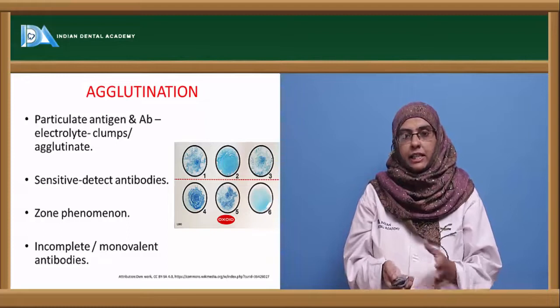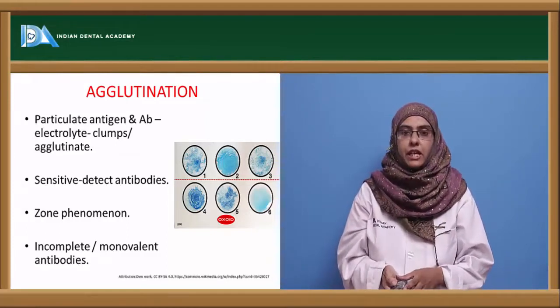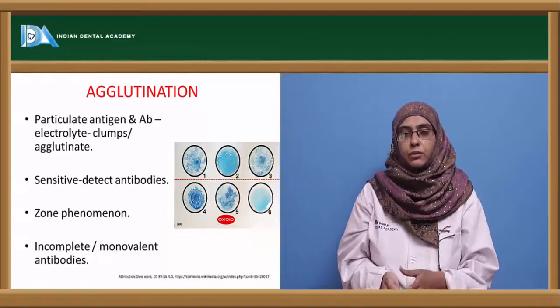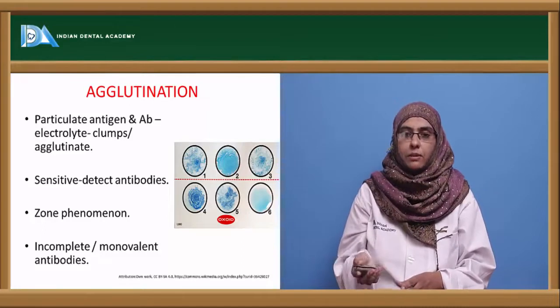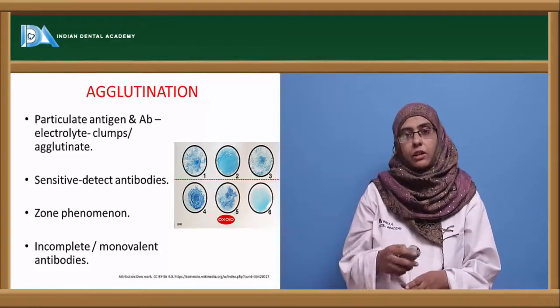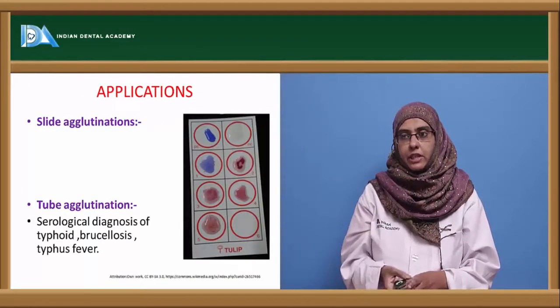Incomplete or monovalent antibodies do not form an agglutination reaction. So the antigen should be multivalent, and the antibody should be bivalent or multivalent, to give rise to an agglutination reaction.